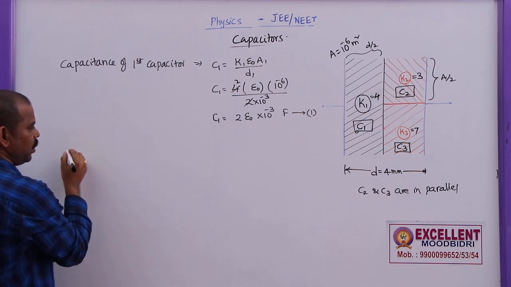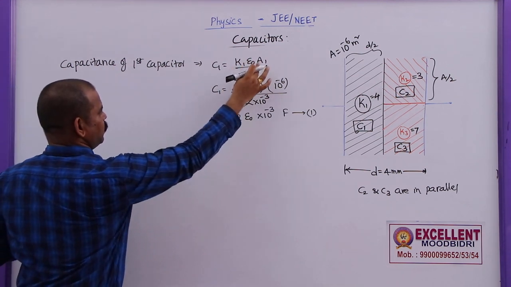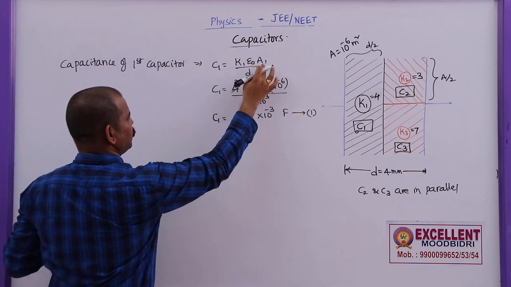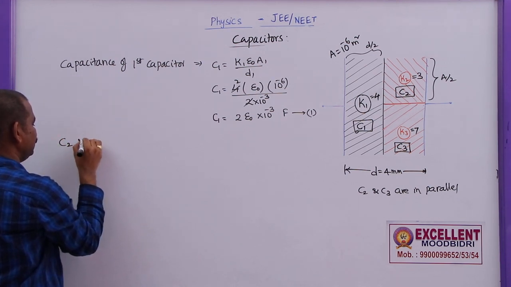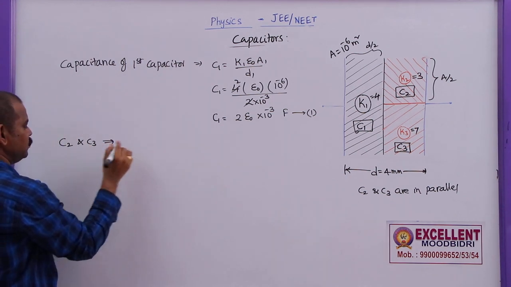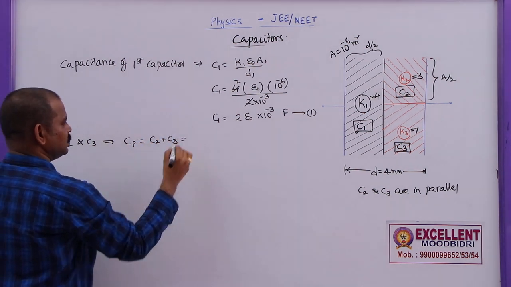Now, C2, C3 are in parallel. First of all, what is C2, what is C3? C2 can be written as K2 epsilon naught A2 by D2. C3 can be written as K3 epsilon naught A3 by D3. C2 and C3, as they are in parallel, the effective capacitance of these two I am taking as Cp, which is given by C2 plus C3.